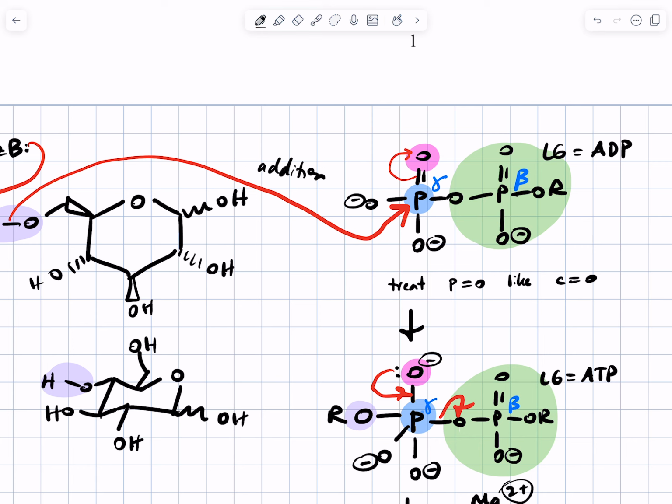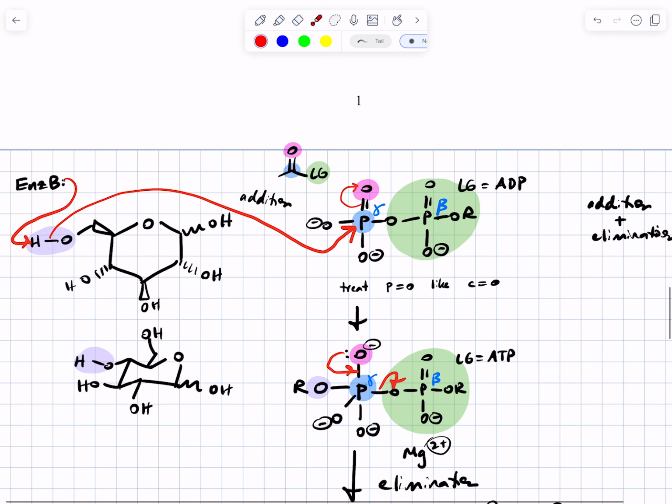So you can think of ATP in the same way that you've thought of carbonyl compounds that look like this: good leaving group, electron poor atom, and an atom that can receive the electrons after the attack. So it's kind of that pattern of leaving group, and then the receiving group, I guess. That's right, yeah. It's that same pattern of leaving group attached to the atom that's going to be attacked by a nucleophile. Good. Others? Yeah.